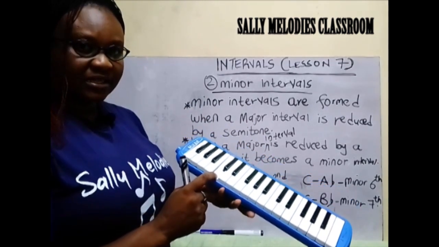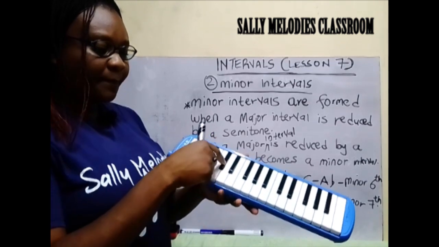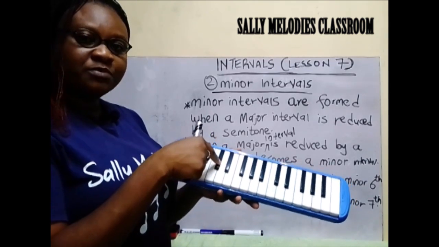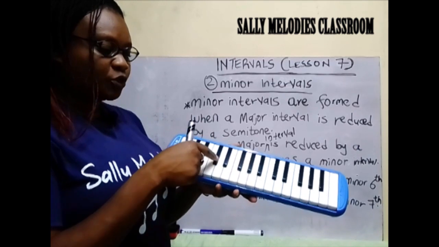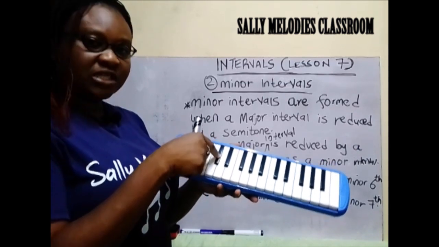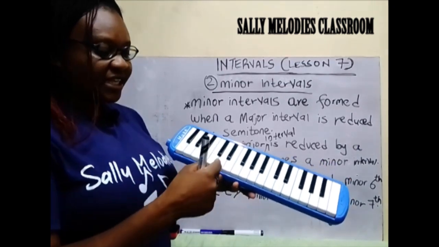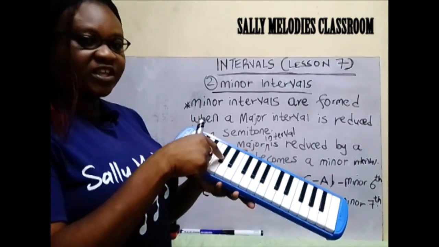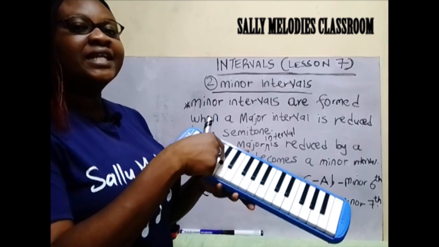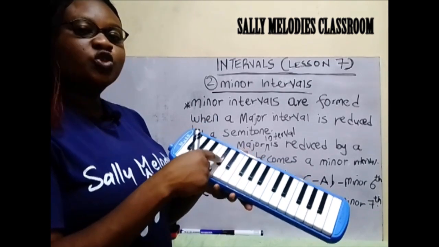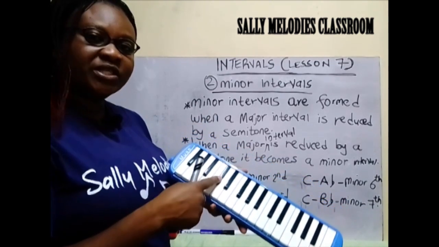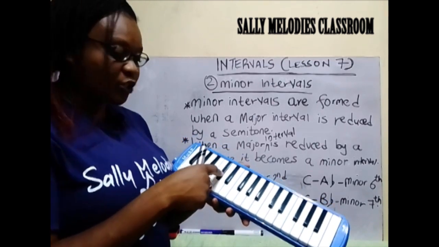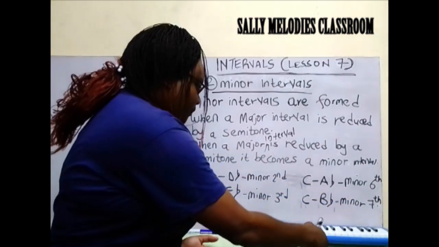For example, this is C. So when you go up here, you raise it by a semitone and it becomes a C sharp. This is a D. When you come back like this, you lower it, it becomes a D flat. So that is what we say by lowering or reducing by half a tone or a semitone.